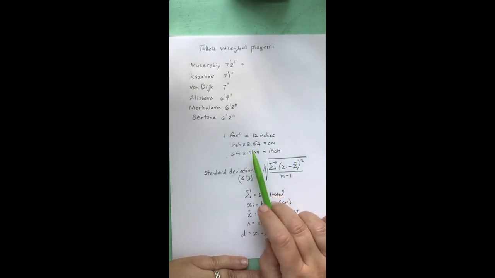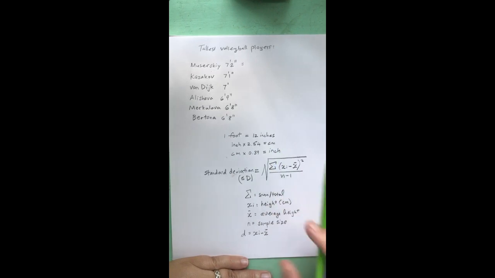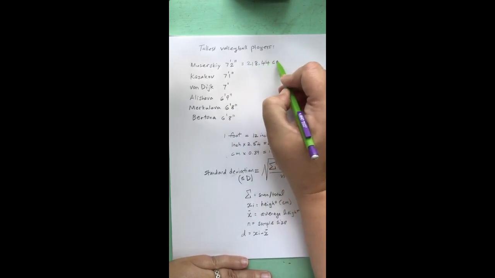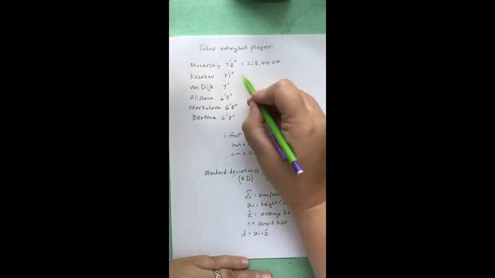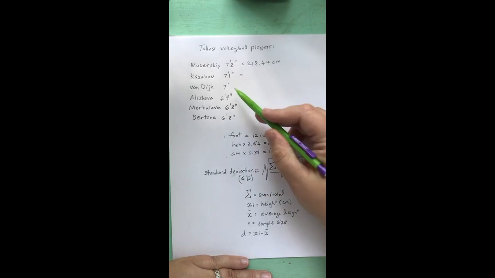And then we still have to multiply that by 2.54 to get to centimeters, because we now have it as 86 inches. So 86 multiplied by 2.54 is 218.44 centimeters.